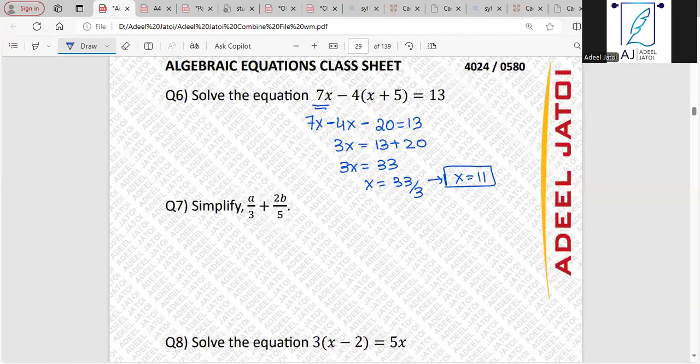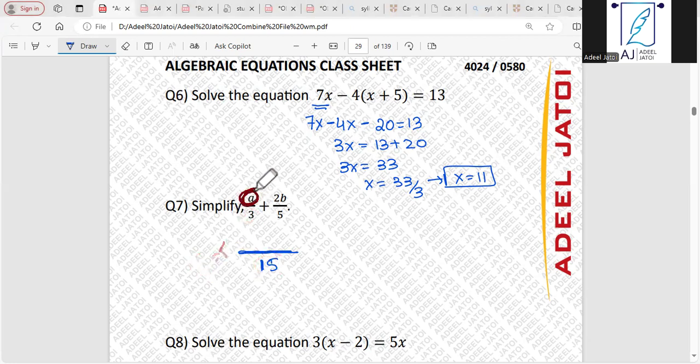Now come to question number 7, right? What does question number 7 say? Simplify. Remember this: whenever there are two fractions and the fractions are being added or subtracted, plus or minus, what we do is we take the LCM. So the LCM of 5 and 3 is 15. 15 divided by 3 is 5.